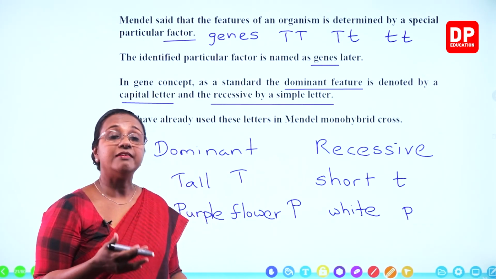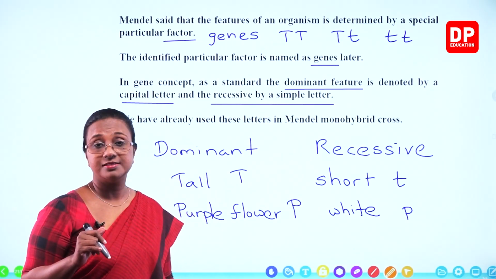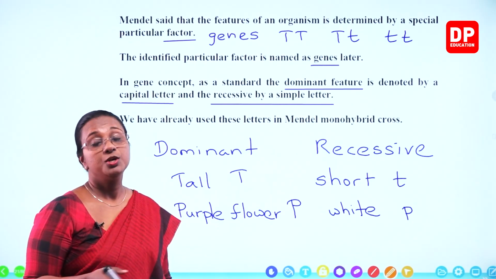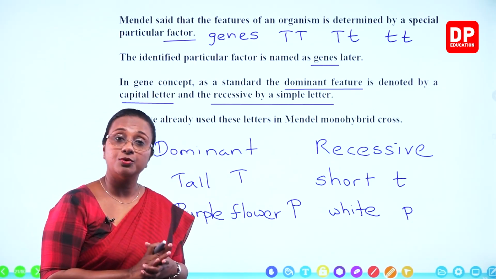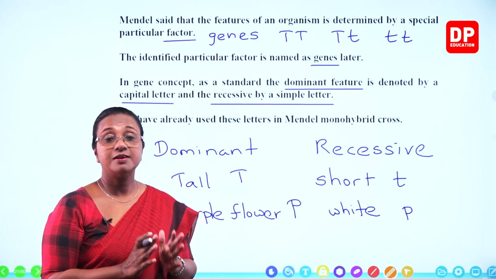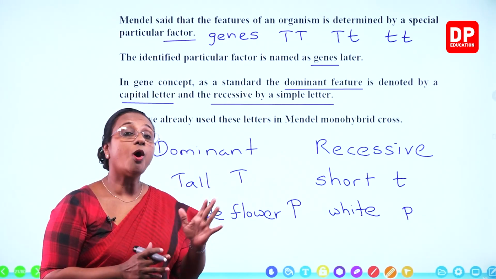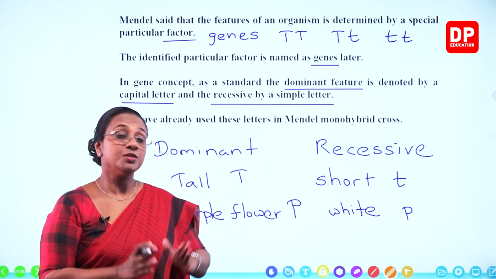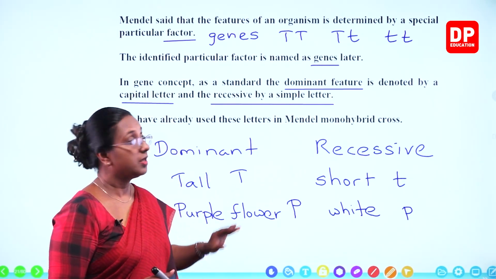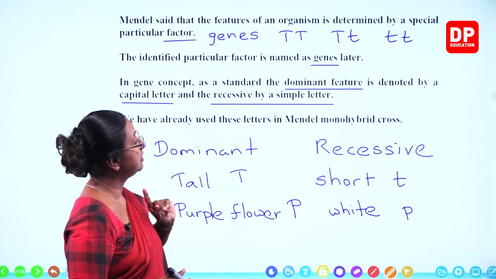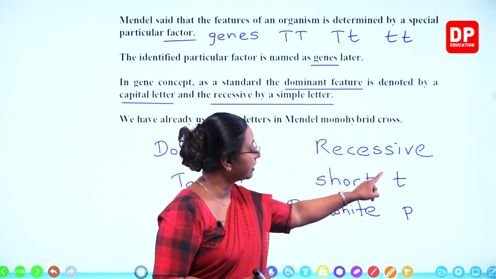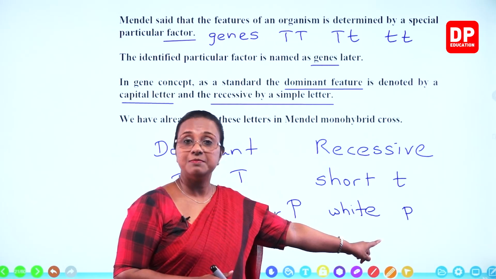We even looked at round seeds and wrinkle seeds. Then the nature of the pod, color of the pod. So like that, we looked at so many features, basically 7 characteristics that were observed by Gregor Mendel. So for all those, you can use this symbol. The dominant feature is denoted by a capital letter and the recessive character is denoted by a simple letter.